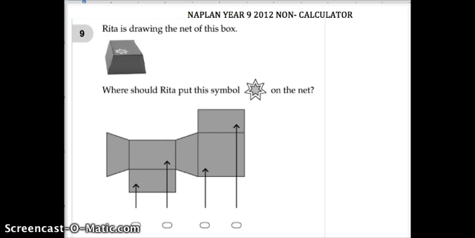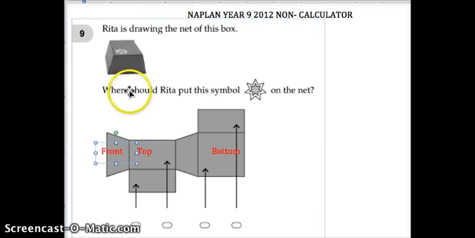So this would be the bottom, this is the top of the shape, okay? And if we look here, this face seems to be like a trapezium. So that would be this shape here, which is what we can see to be the front of the shape. So this looks like it's the front.